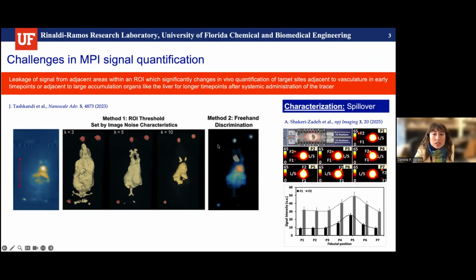And another very time-consuming method that we can implement is trying to cut the segmentations manually, or freehand the segmentations, to have organ-specific ones.